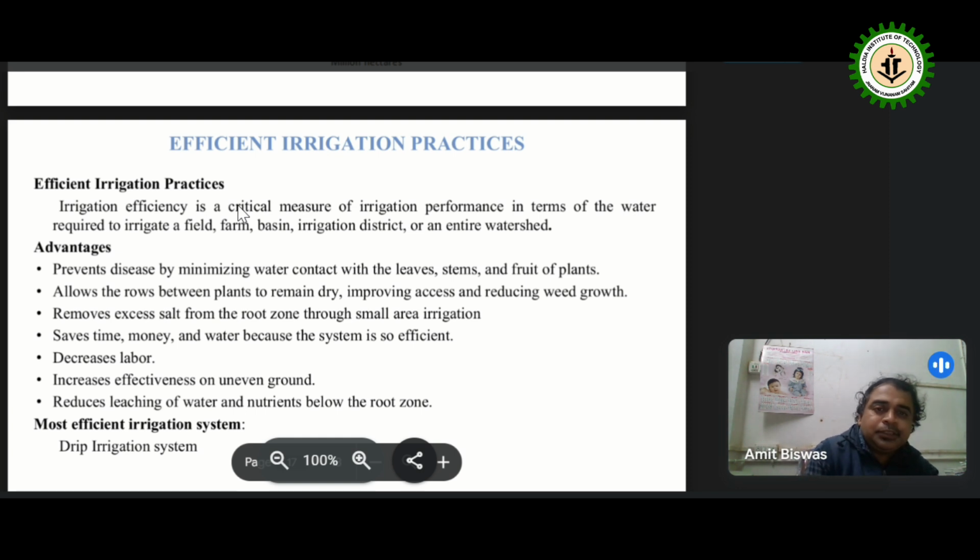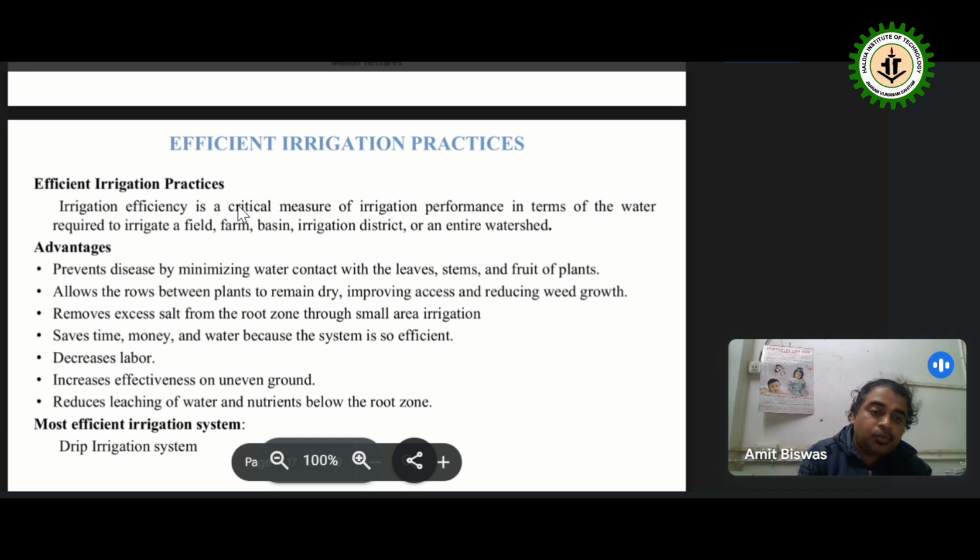So for rice cultivation, for water intensive crops, the irrigation management is different. For vegetable crops or under dry climate, the irrigation requirement is different. Among surface irrigation, subsurface, and micro irrigation, the drip irrigation system is found to be the most efficient irrigation system because it applies the irrigation water only at the root zone of the crops.